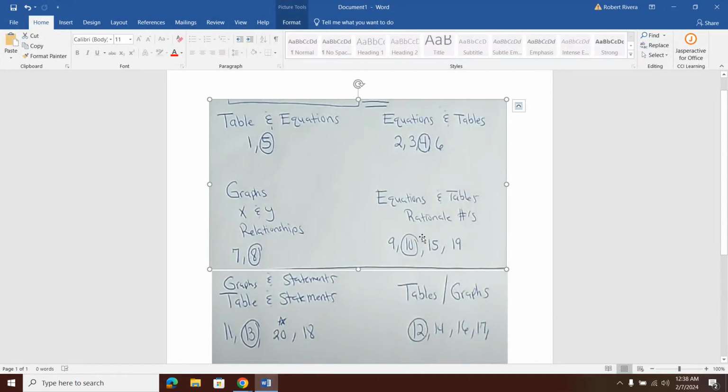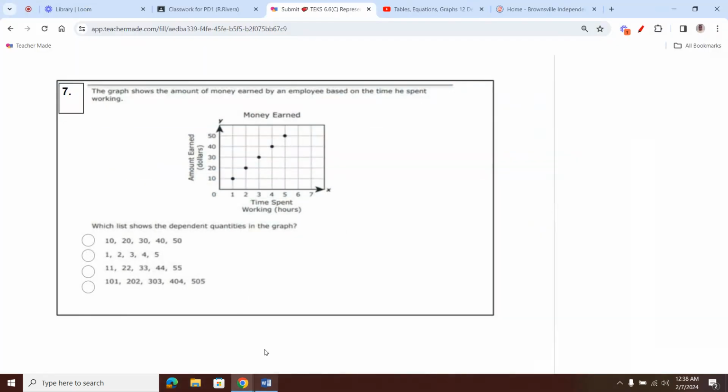Those are easy. Now we're going to talk about equation tables with rational numbers. That's with fractions, decimals, integers, negatives, and positives. So we have 9, 10, 15, 19.